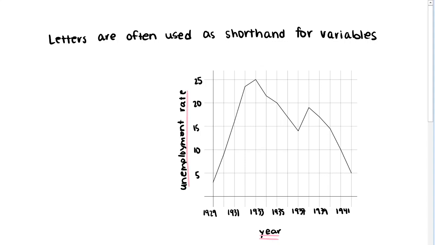So this is a percentage, and what we see here are values between 0 and 25. And so, instead of referring to the year or the unemployment rate in those terms, we might use a letter to represent those ideas. So, I might say that U can represent the unemployment rate.